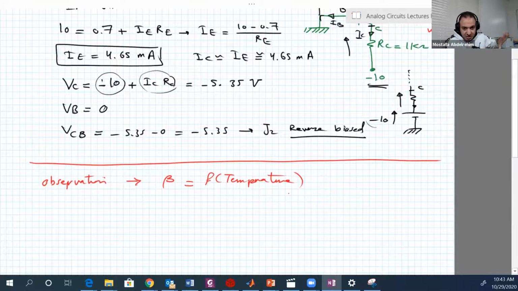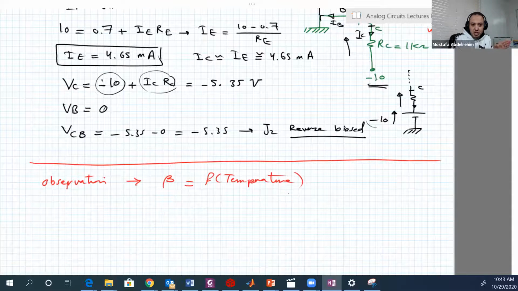This is just physics. If your operating point is a strong function of beta, then when beta changes, the operating point will change too. You might be designing your circuit to work in active, but because of the change of temperature, it might go into saturation.